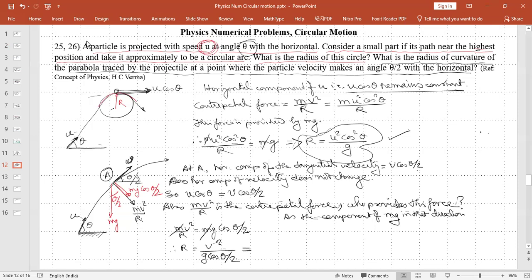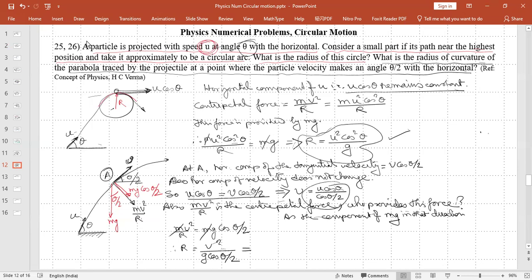And also, we use this equation, u cos theta is equal to v cos theta by 2. So from here we can write v is equal to u cos theta divided by cos theta by 2.